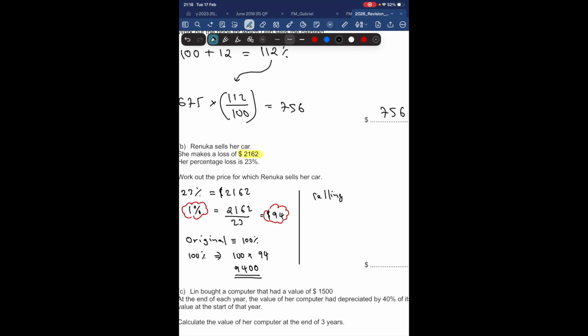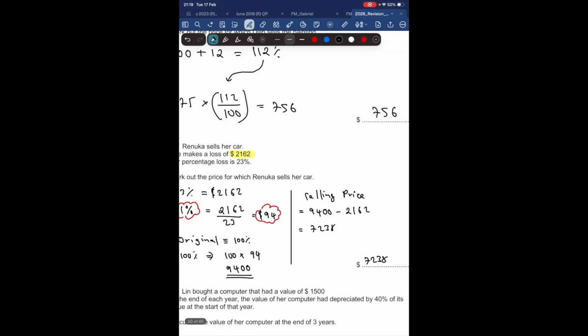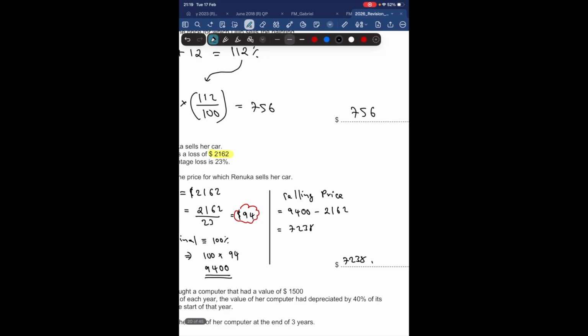So the selling price is just going to be the original price of the car, which is $9,400, minus $2,162. And if we do that, we are going to end up with a value of $7,238. That is the price that Renuka sells the car for.